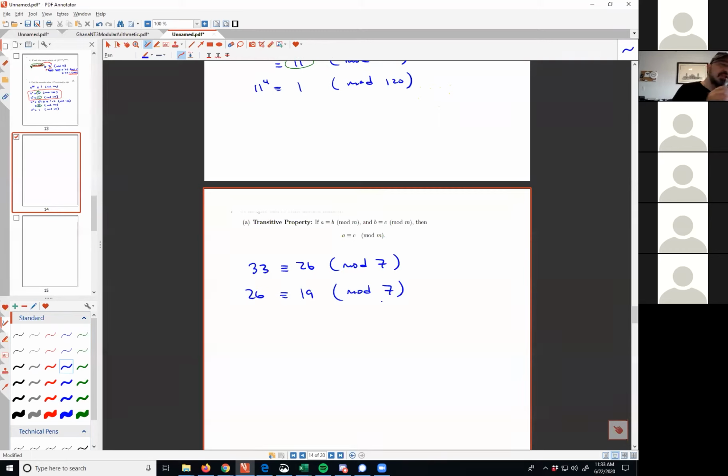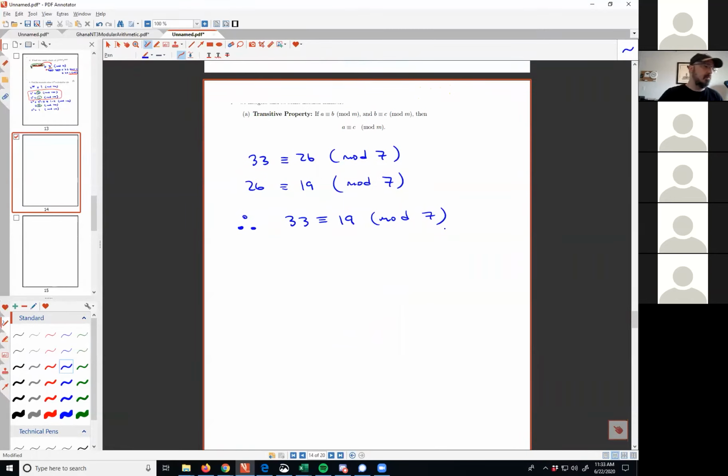Both of these are true statements. Can we necessarily conclude that 33 is equivalent to 19 modulo 7? Yes. How do we know for sure that it's always going to work?